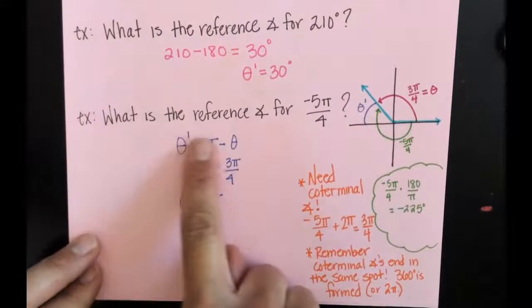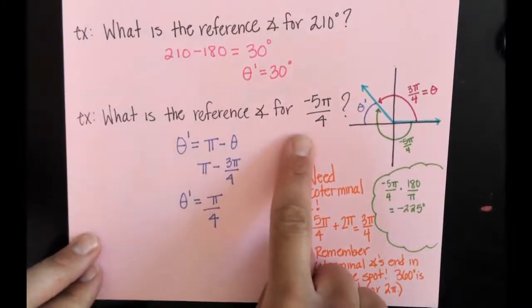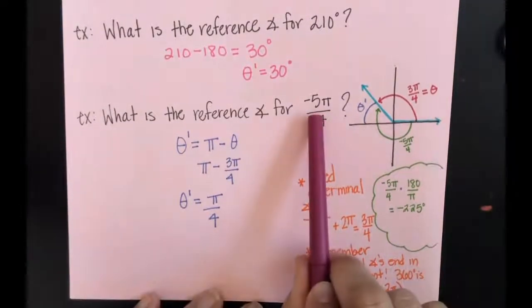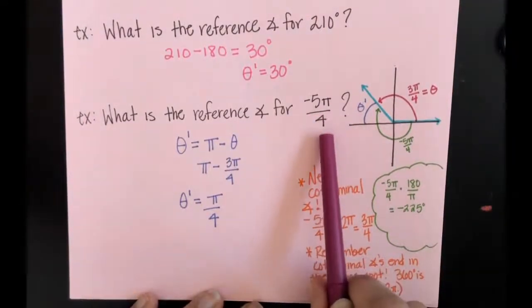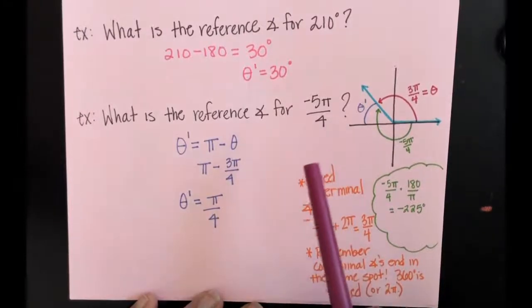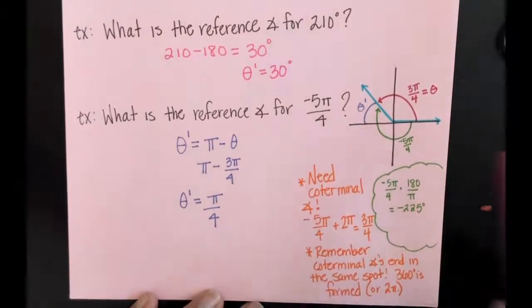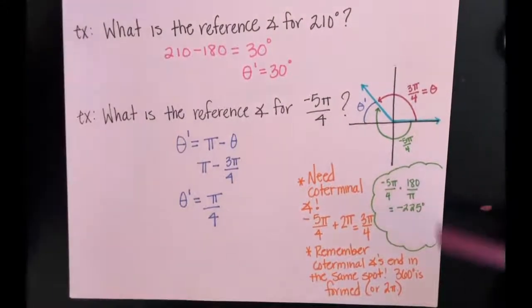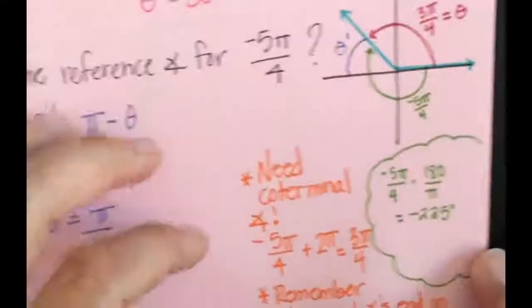Now, what I did have to do is approach this like you. I don't know where negative 5 pi over 4 is. I don't have those radian measures memorized. So I want you to take a look at what I did down here in my brain bubble, and I'll zoom in real quick.